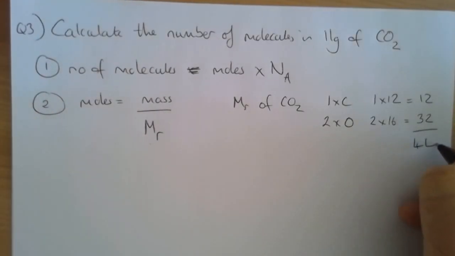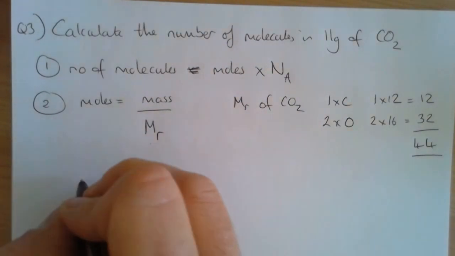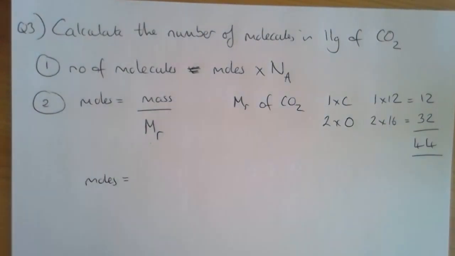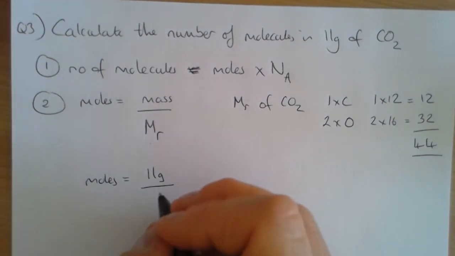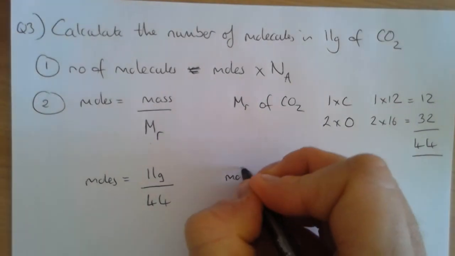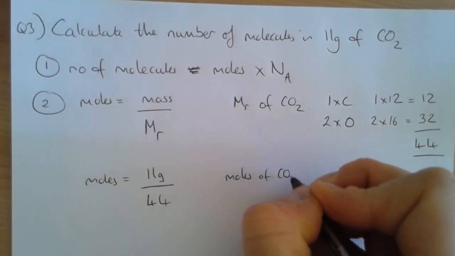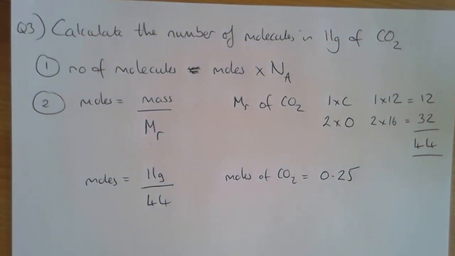So all of that, the MR of carbon dioxide is 44. So we can put that into our equation. The mass of carbon dioxide is 11 grams divided by the MR that we've calculated, which is 44, and that gives us moles of carbon dioxide as 0.25 or a quarter.